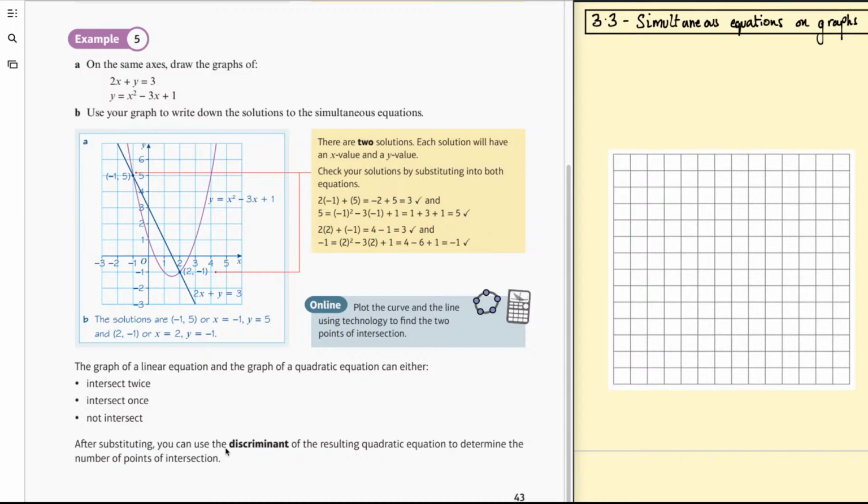After substituting, you can use the discriminant of the resulting quadratic equation to determine the number of points of intersection. So remember, when we were solving these algebraically, we substituted the linear equation into the quadratic equation and then solved it. And here we're going to be using the discriminant to see how many times that straight line intersects with the quadratic.